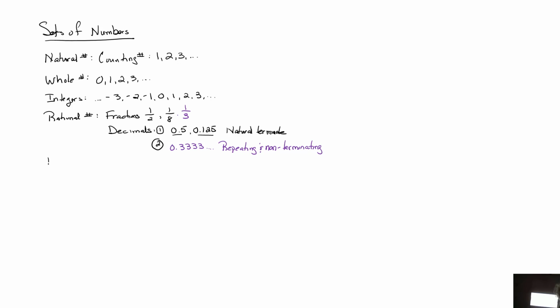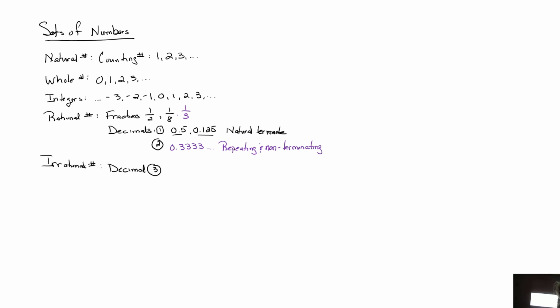Another group of numbers are the irrational numbers. Now, this is where our third group of decimals comes in. These irrational numbers are contrary to the rationals. The rational says they naturally terminate.